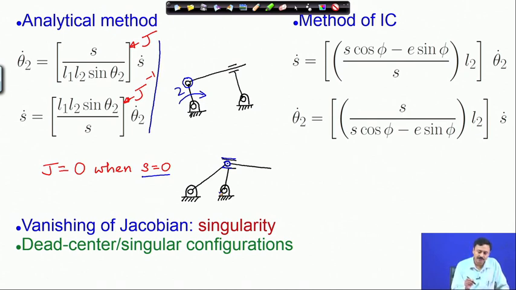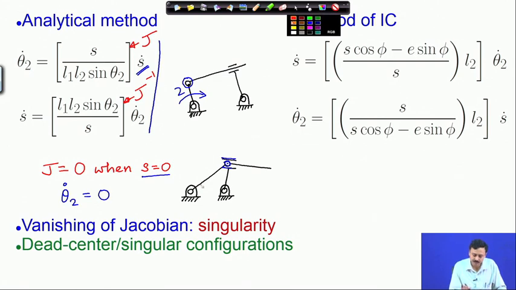In this singular configuration, irrespective of the value of s dot, theta 2 dot goes to 0. So, at this configuration theta 2 dot must be 0, you cannot move the link 2, you cannot rotate it further.